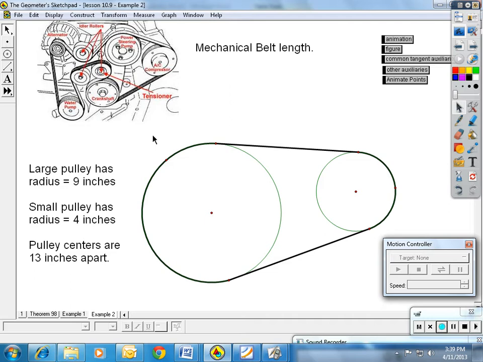So looking at my figure here, I have made a simplistic pulley system. You can see here that I've got a large pulley, and it's driving a smaller pulley. Your bicycle is really this as well. So here's really how the pulleys work.